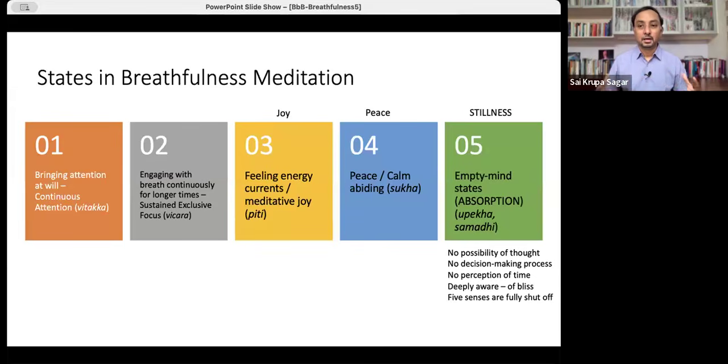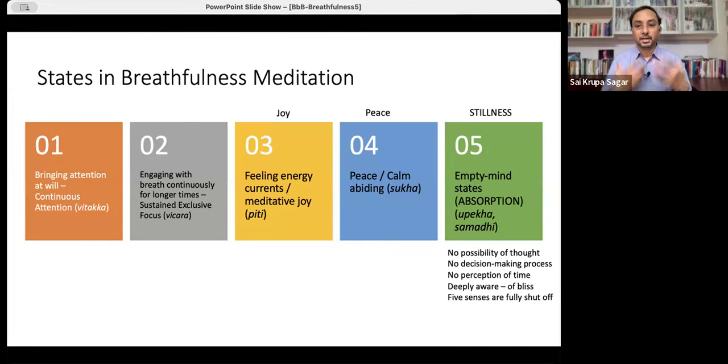Once you start observing your breath for 15 minutes, 20 minutes, whatever it is, then you'll slowly start feeling sensations in your body. We'll also do an exercise probably on Saturday or Sunday, where we will go into what we call body scan meditation, which will free up the energy pathways in your body.